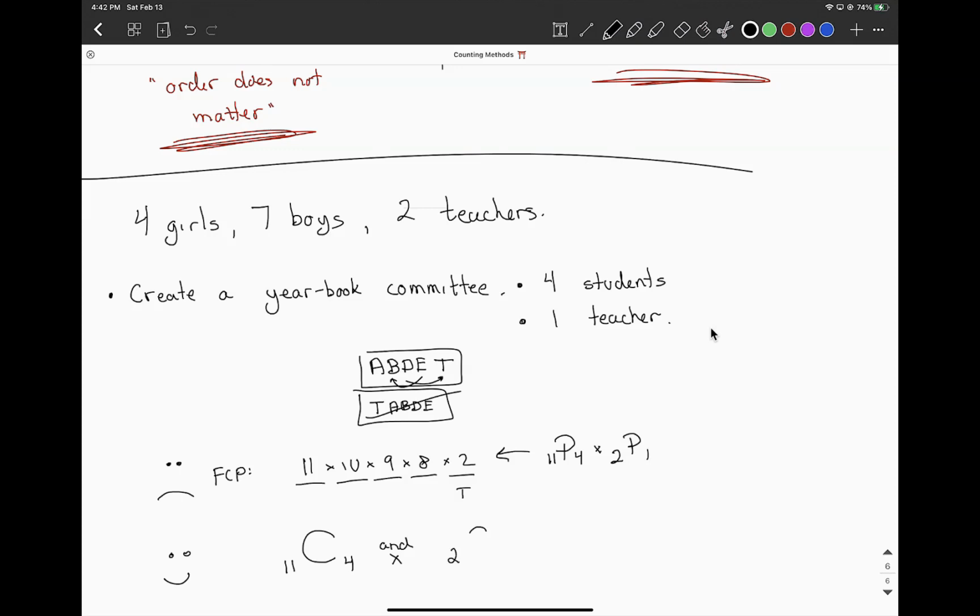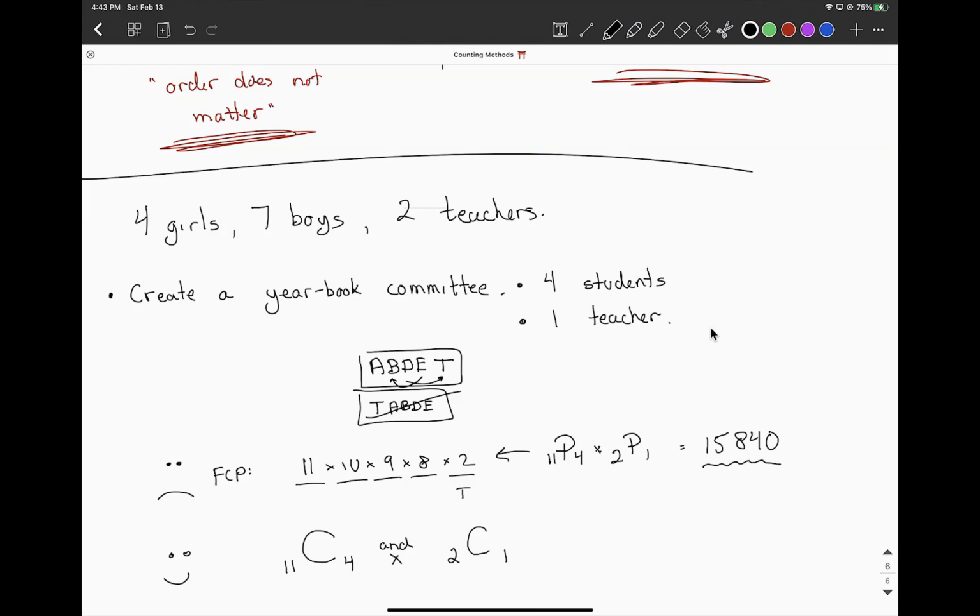From the 2 teachers, we're choosing 1. That is the money. And so just to contrast, with the wrong permutation strategy, 11 times 10 times 9 times 8 times 2 would give you up to 15,840.